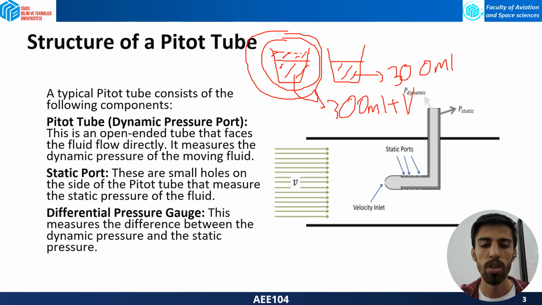The static port just measures the static pressure, and the differential pressure gauge will give us the velocity using the formulas.